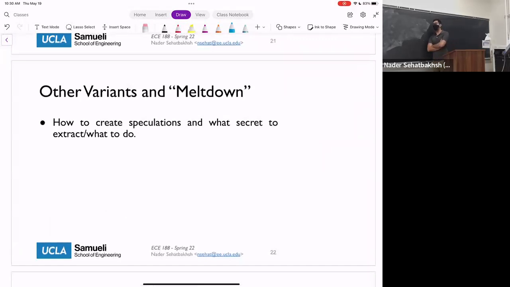So one thing to understand is that this idea was presented about 3-4 years ago. And since then, there are lots of other variants of this and different ways of exploiting it. So, branch misprediction is only one scenario. There are many other scenarios where the attacker can create some sort of speculation, and using that, the attacker can extract information. Okay.